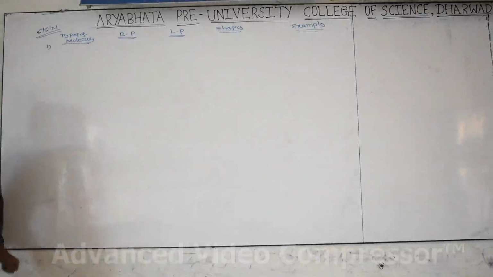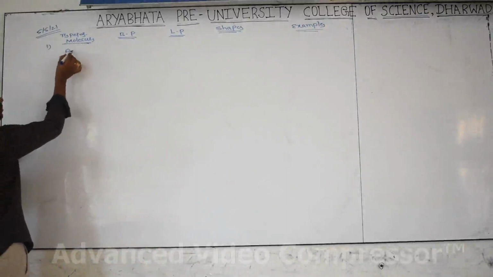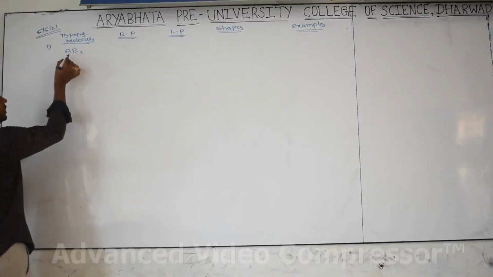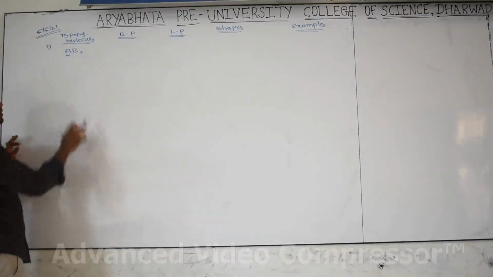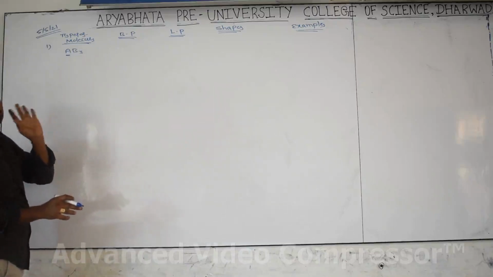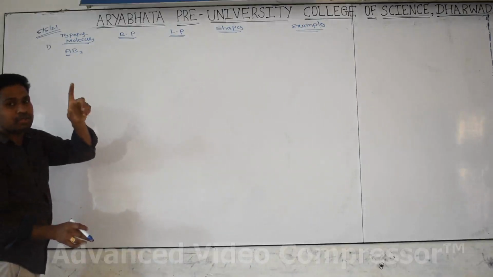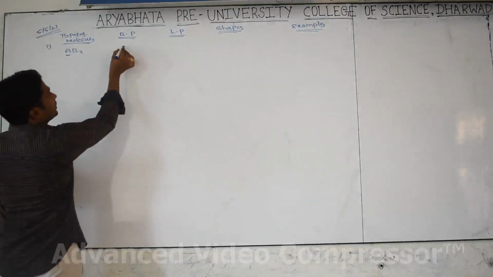See, the first category, listen carefully. I am taking an AB3 molecule, where A is the central atom and around A we have 3 B atoms. We have single bonds, so how many bonds will be there? 3 bonds, which means 3 bond pairs.